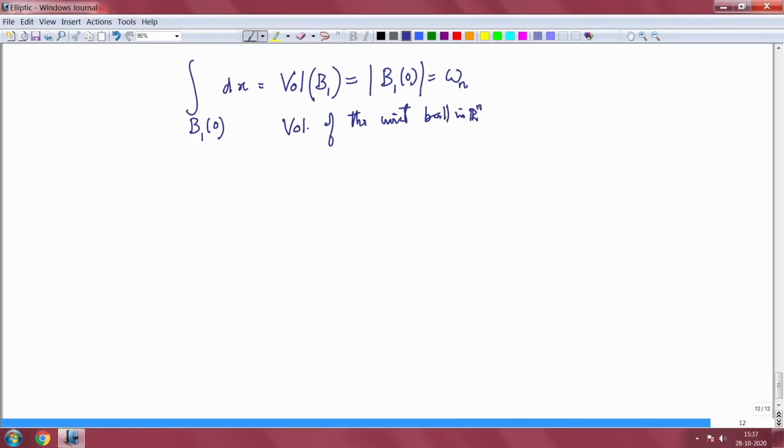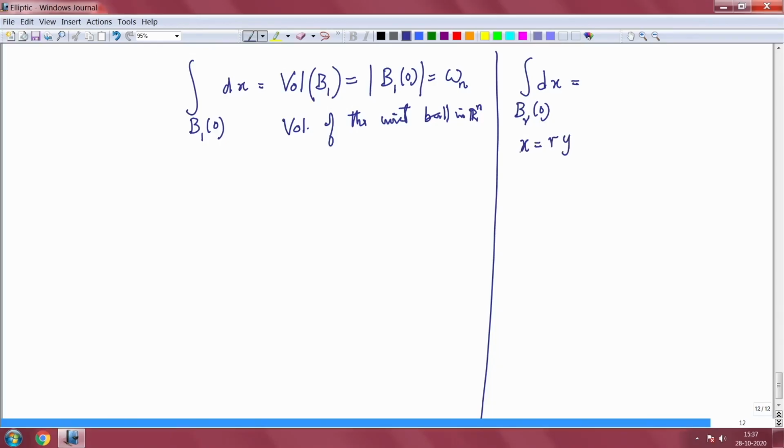What I want to tell you here are a few things, how do you make a change of variable. If you have a ball of radius r with dx, you make a change of variable x is equal to r y.